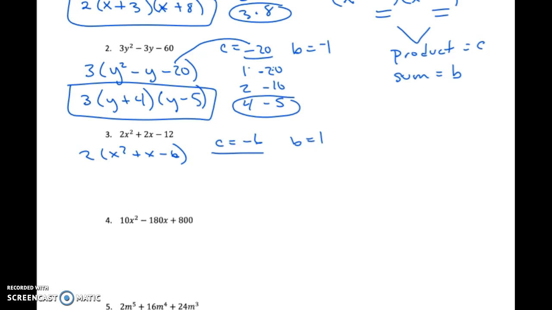In this case, my two numbers multiply to make a negative 6, and they add to make a positive 1, because b was a positive 1 here. So I know that one's negative and one's positive, and the larger of the two has to be the positive, so they can add to a positive number.